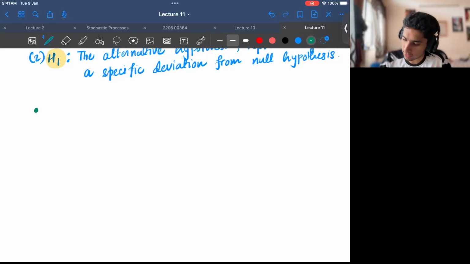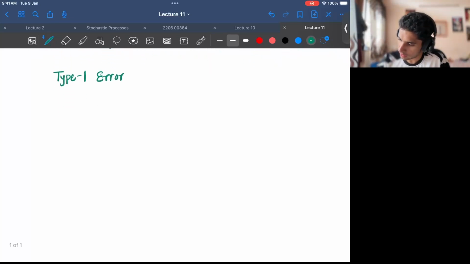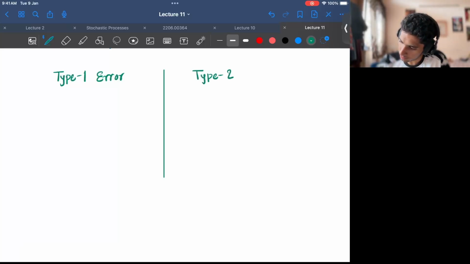First is called the type 1 error. Maybe I'll write it like this. Okay? I'll make a table. Type 1 error. Okay. The other one is type 2 error. People also write it like this. Type 2 error.